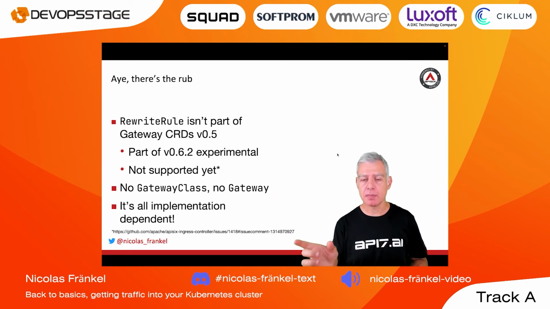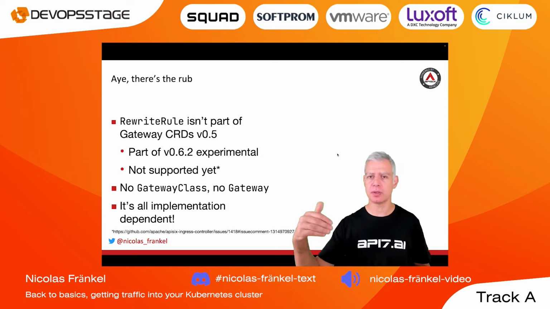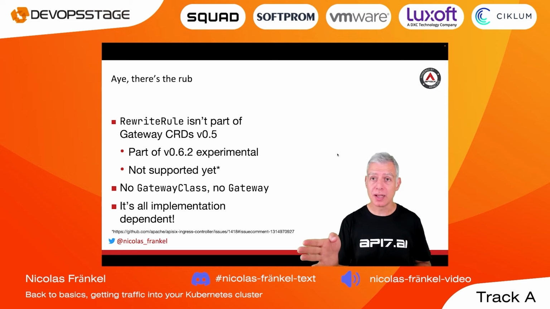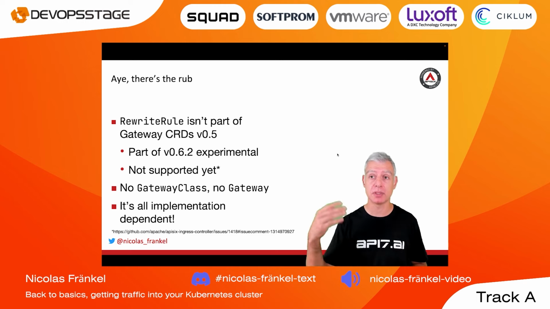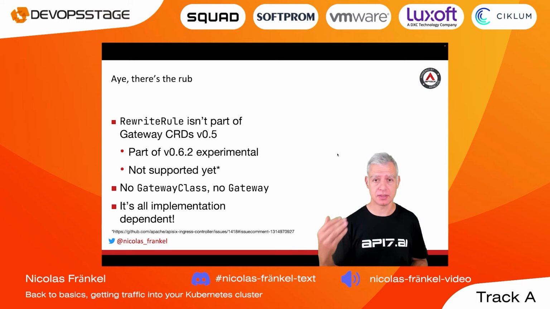Depending on the implementation as well, there might be other issues. For example, with Apache API 6, we are not using gateway class nor gateway, which allows you to have different gateway implementations. So there is one single one, you need to use this one.